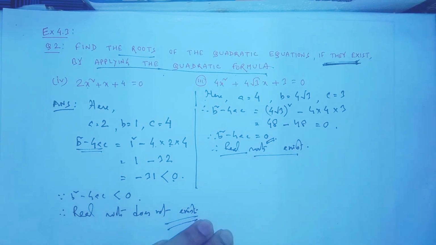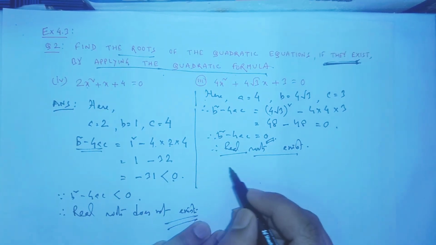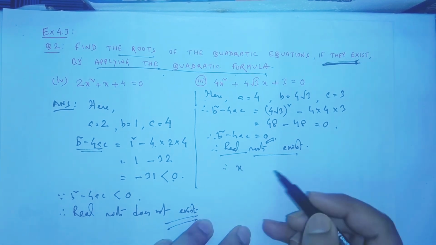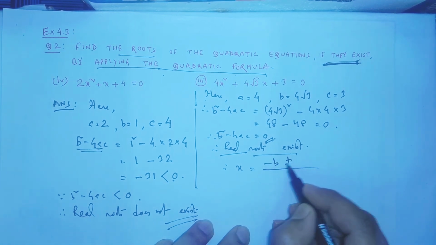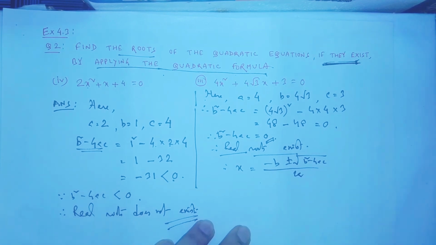Now since the real root exists, the next step is to find the roots by applying the quadratic formula. Since real root exists, let us find the roots using the quadratic formula. x equal to minus b plus minus root over b square minus 4ac, divided by twice a.